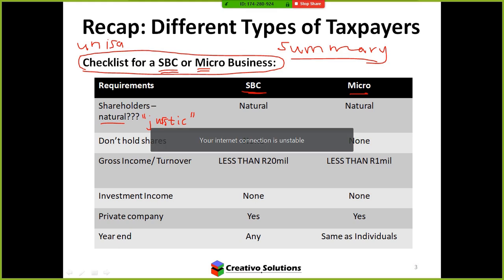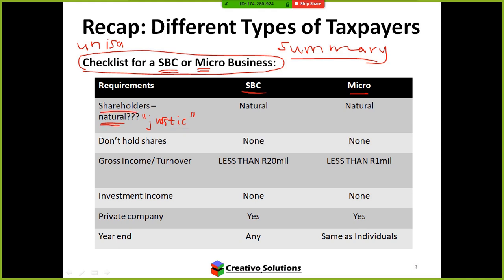So if I'm focusing on this, if a shareholder is a juristic person and not natural, they cannot be considered an SBC or a micro business. So you have to have a situation where you have natural persons only.